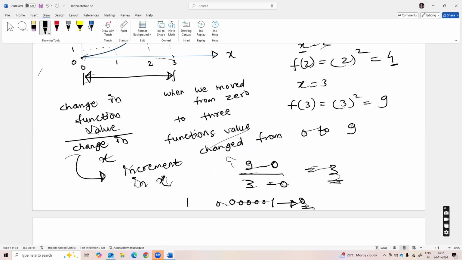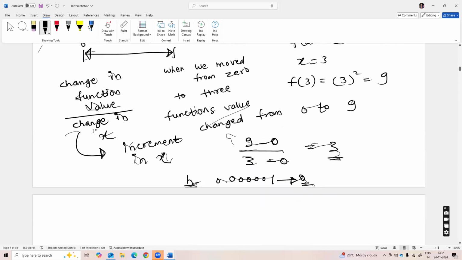If you write this increment as h, then when this increment h is very small, tending to 0, we show that by writing a limit.